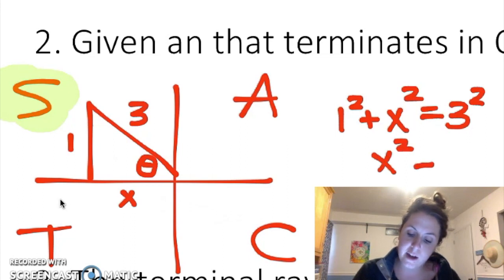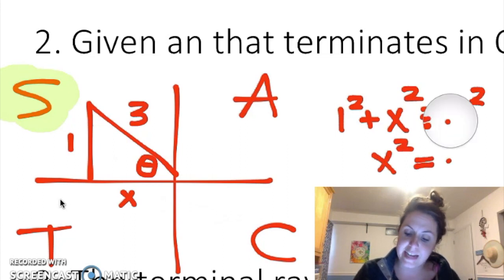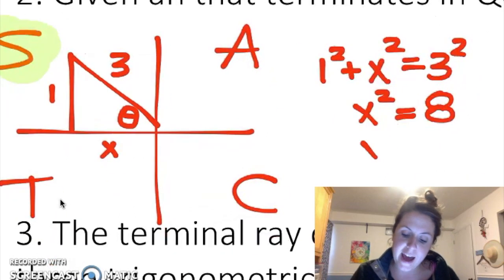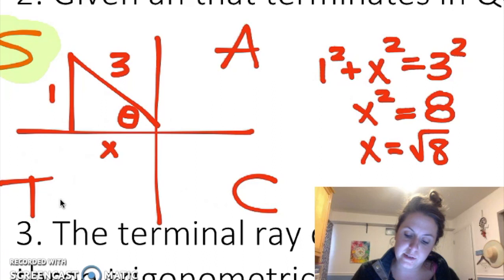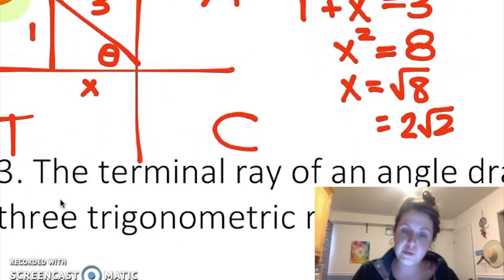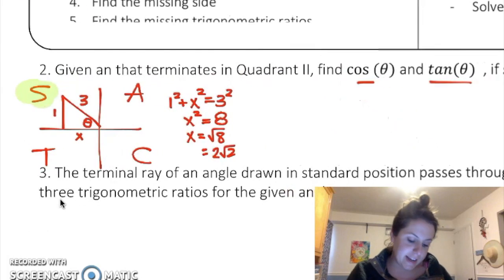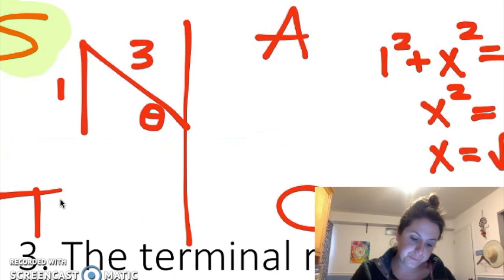So x squared is 8, right? 9 minus 1. And so x equals radical 8, which we also know is 2 radical 2, because remember, 8 is 4 times 2. So that is this length over here.